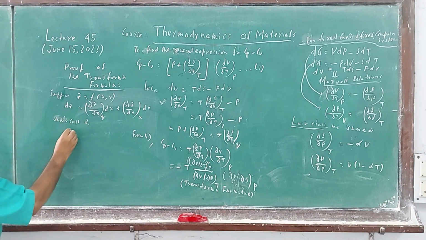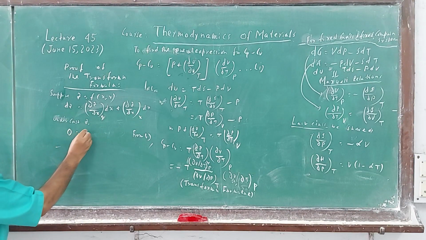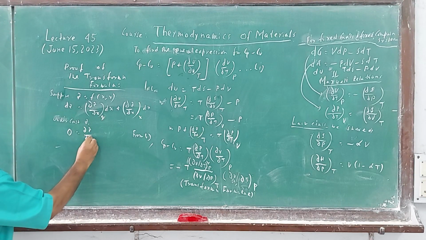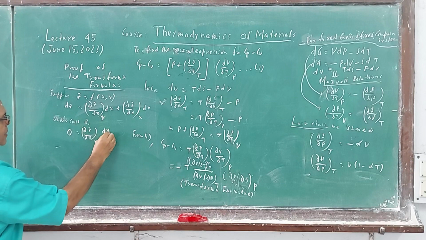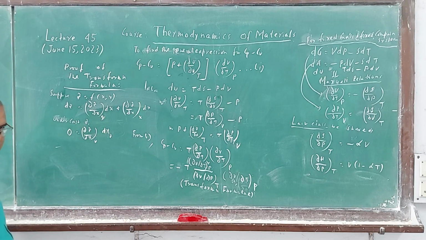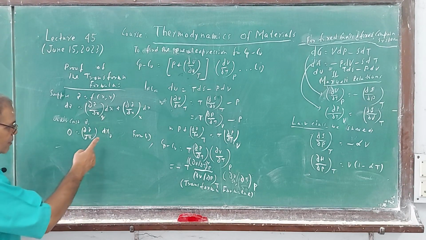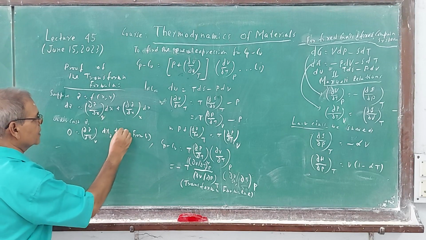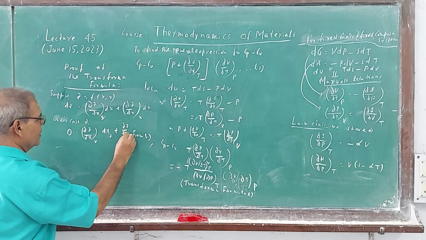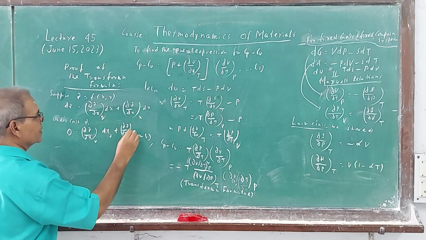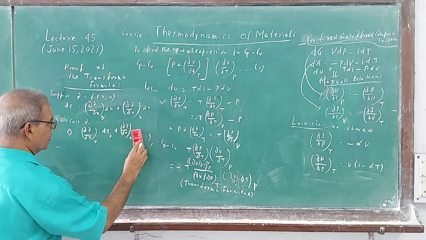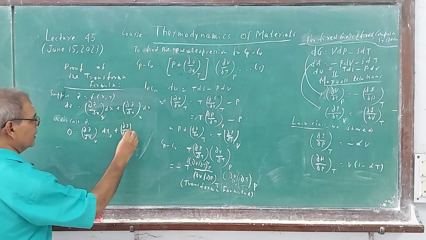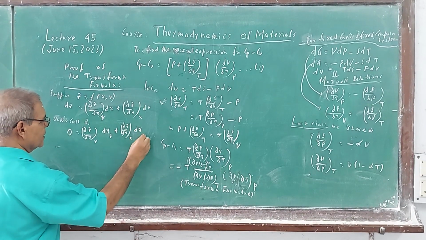Then dz will be 0 on the left-hand side: (del z by del x) at constant y times dx at constant z, plus (del z by del y) at constant x times dy at constant z.